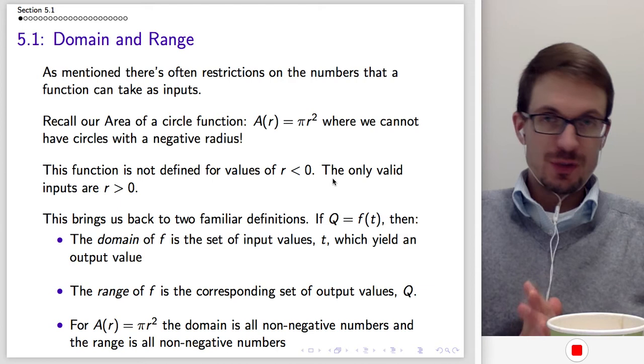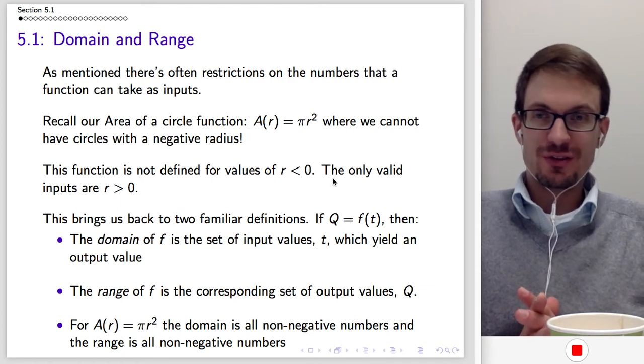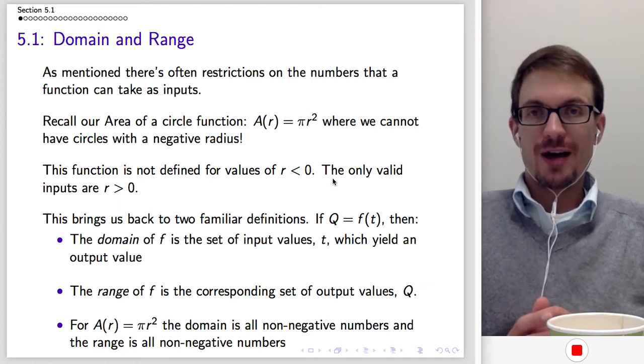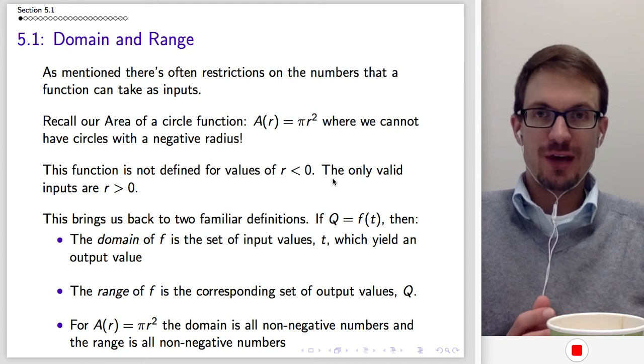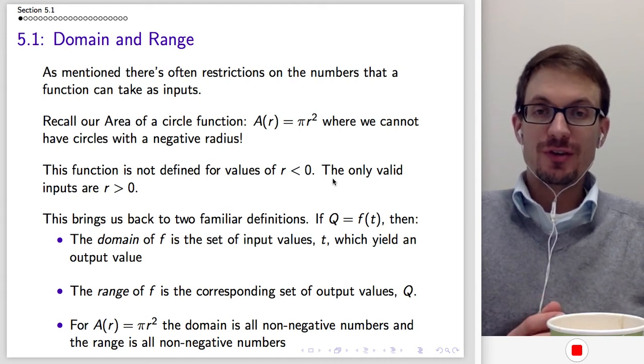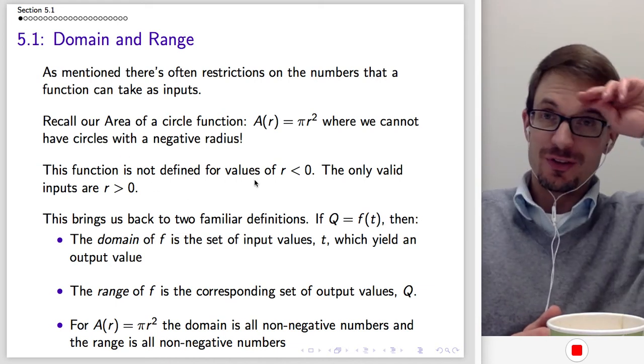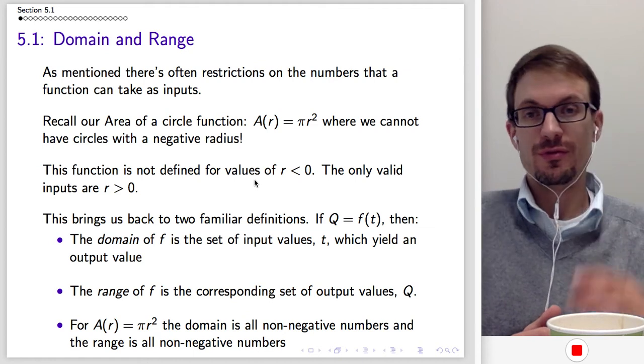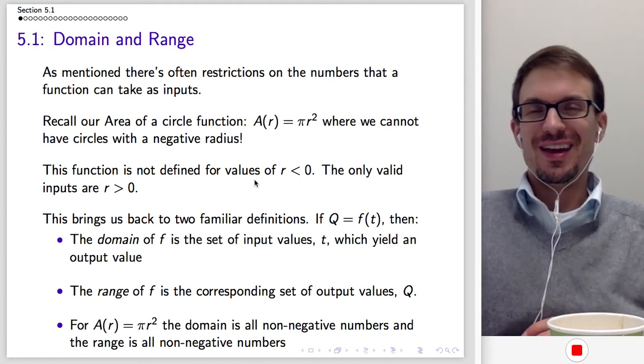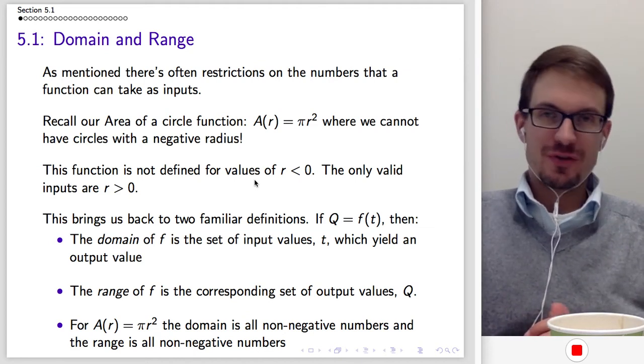Well, clearly we can't have circles with a negative radius, and so we had the restriction on values of r that we would allow as inputs to be positive. So the way to say this is, the function is not defined for values of r less than 0, for negative radii, and the only valid inputs are going to be positive radii.